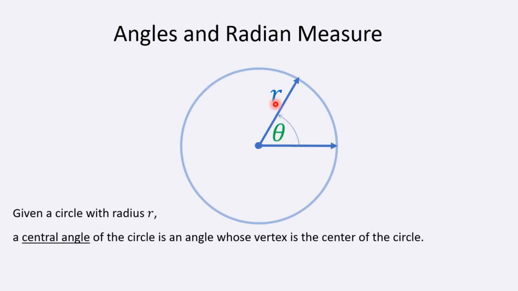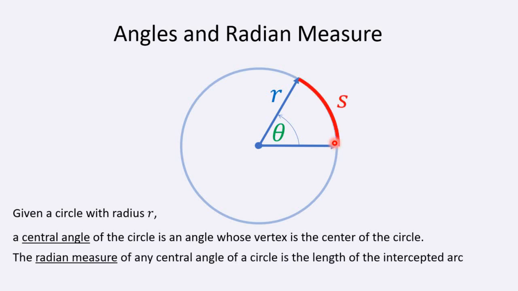And that central angle intercepts a part of the circle, this length right here. This little part of the curve of the circle is called an arc. That arc, let's call it s. So this intercepted arc has a central angle theta, and the circle itself has a radius of r.